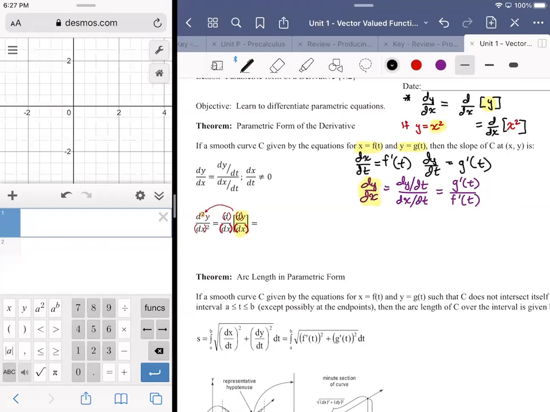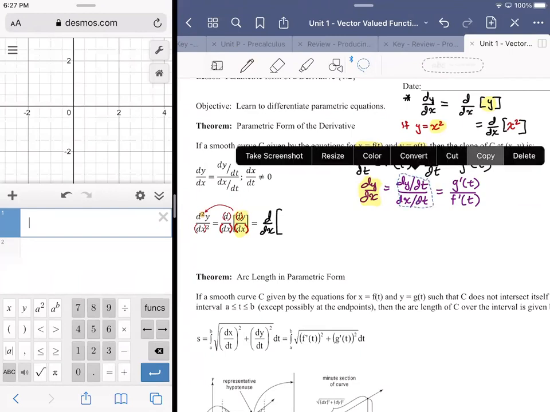All right, so what are we doing here? We're taking d/dx. Let me get a thicker marker here. d/dx of what I stated earlier is dy/dx, all right? So that would be this expression.